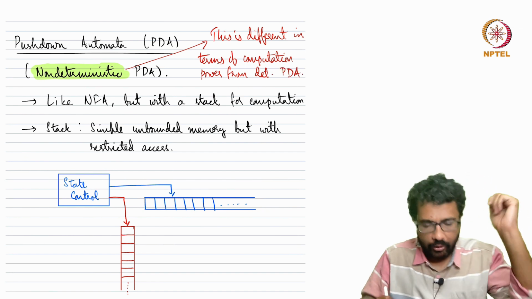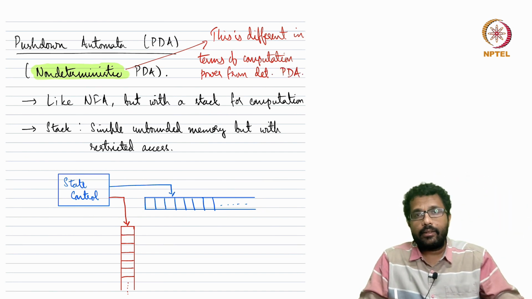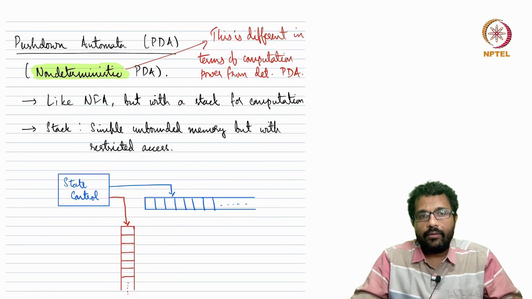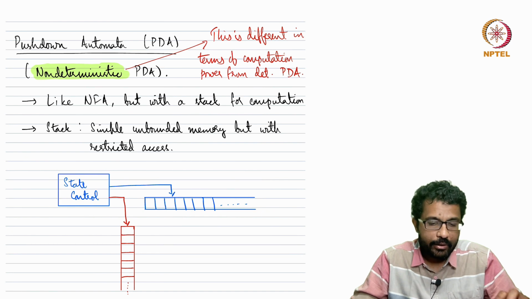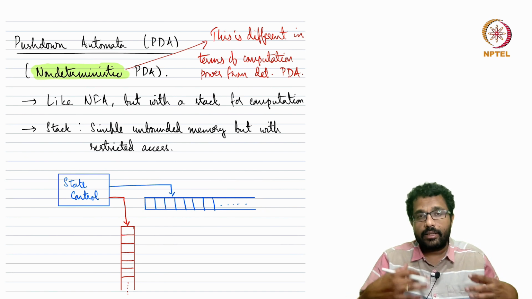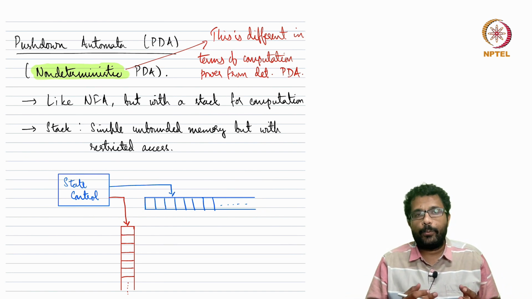Meaning there are languages that we can recognize by using non-deterministic push-down automata, but we cannot recognize using deterministic push-down automata. So the non-determinism really adds some value.